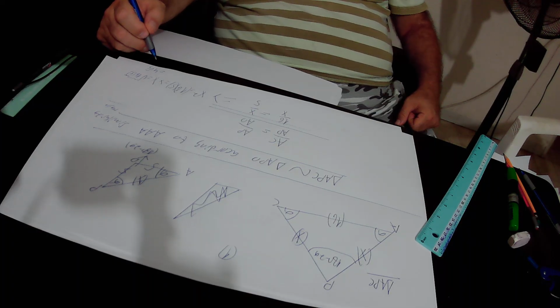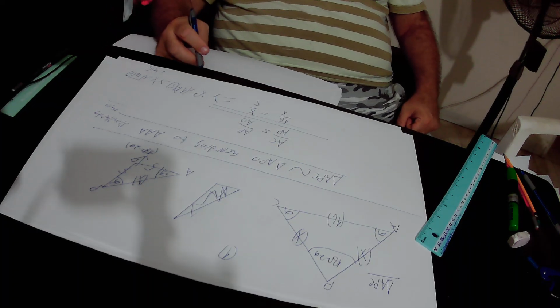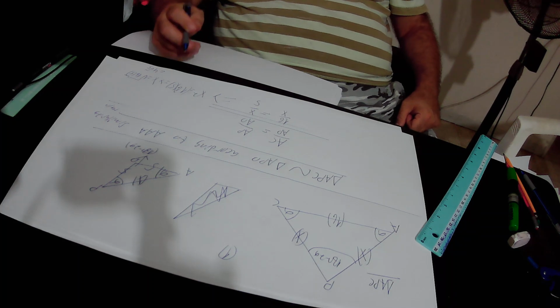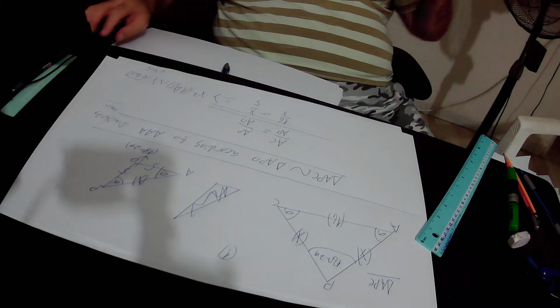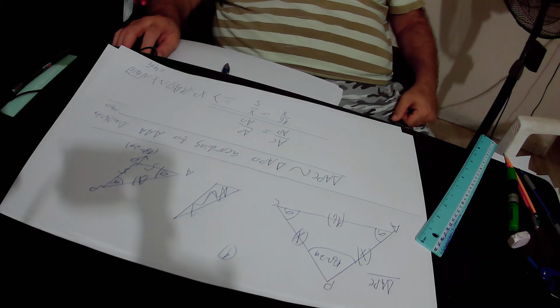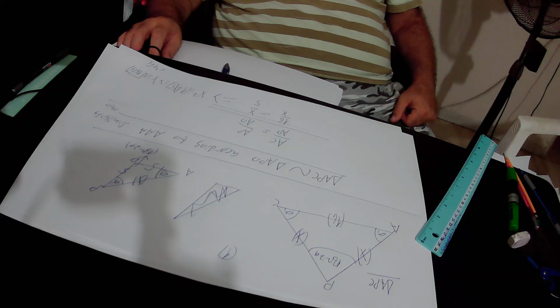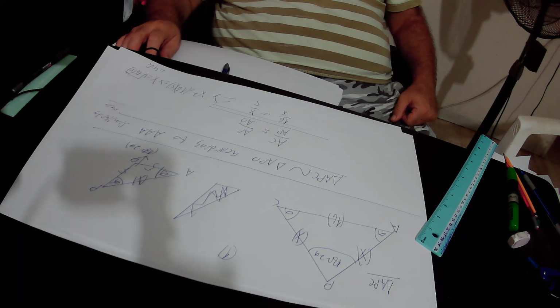So in total we found that X equals 4 times the square root of 5, or in terms of numbers, it equals 8.94 units.